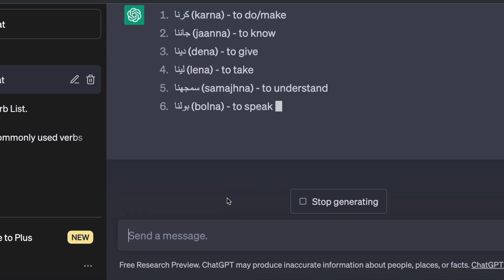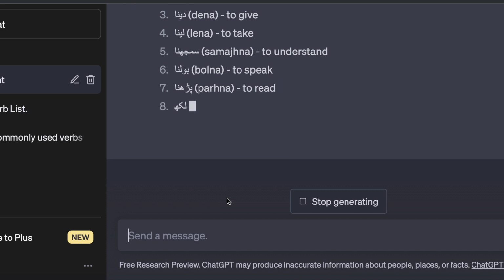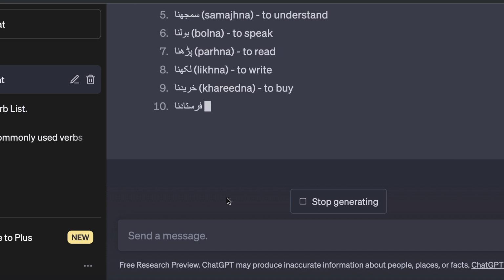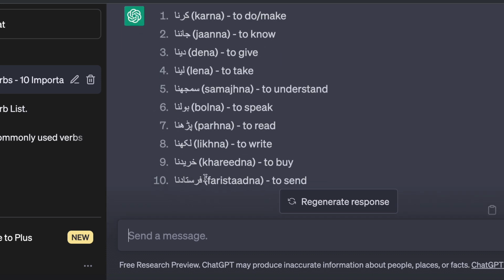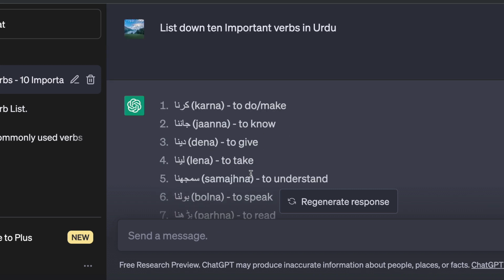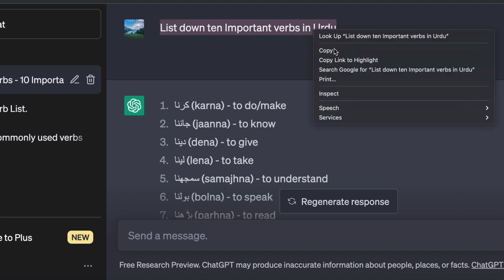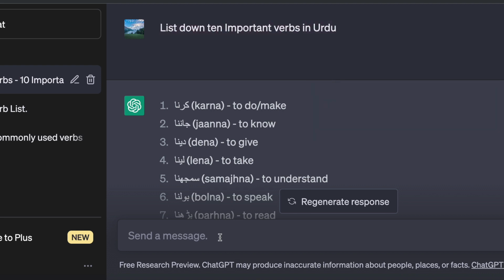It has given us these 10 verbs. Some of them I would say, for example, this one is something that's not right. Let me ask it to give me some examples as well.